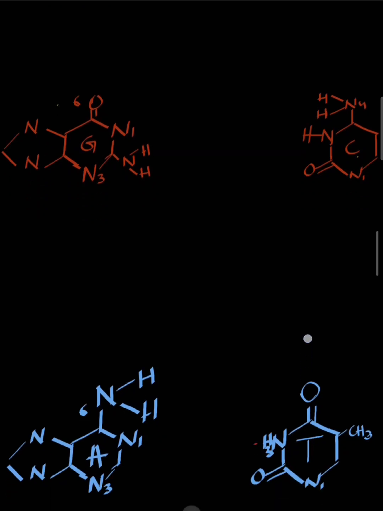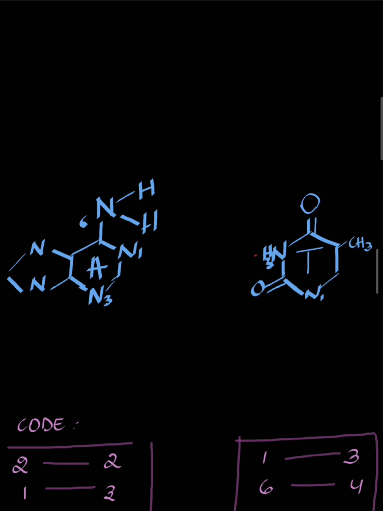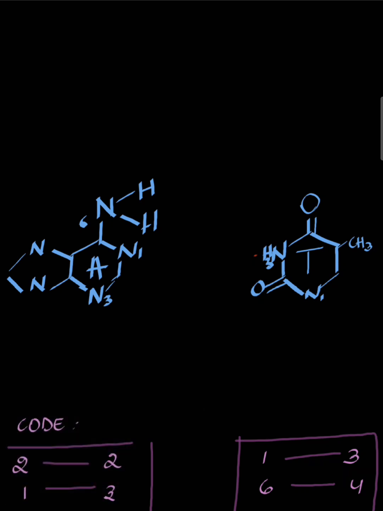So now let us see how hydrogen bonds are formed. First, let us see adenine and thymine. Before we understand that, how is a hydrogen bond formed? A hydrogen bond is formed whenever a hydrogen is attached to an electronegative atom. For example, if a nitrogen is attached to a hydrogen, right?